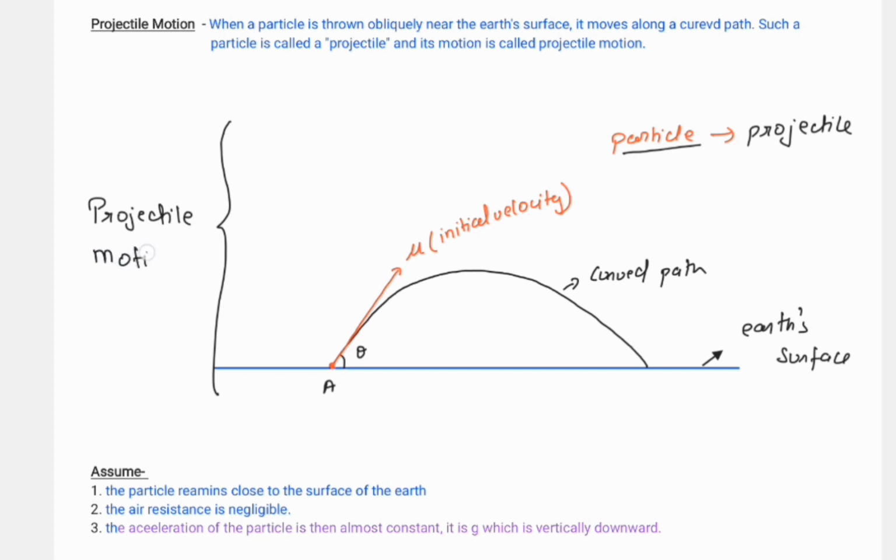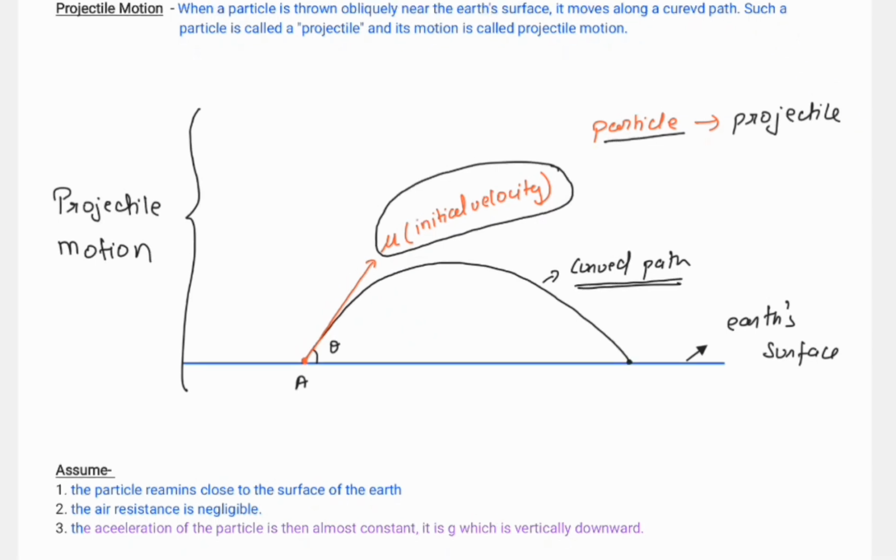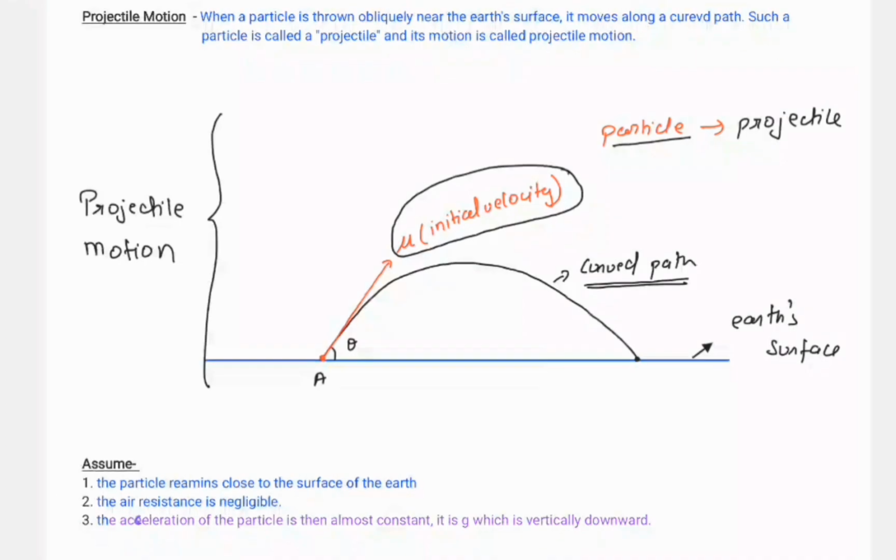The particle which we have thrown at an angle of theta from the surface will be known as the projectile. The projectile is going to follow a curved path, and we have thrown it at an initial velocity of u. This is about projectile motion.